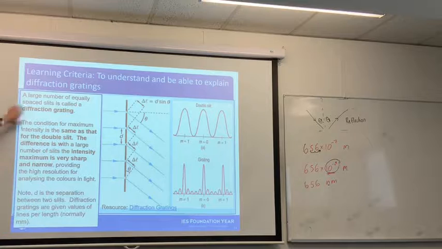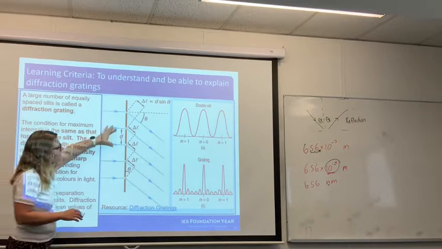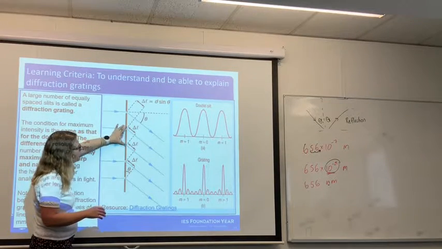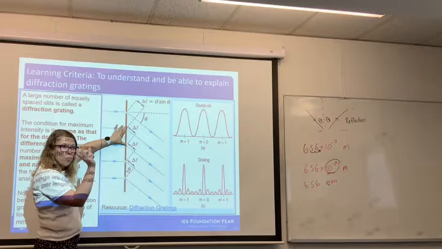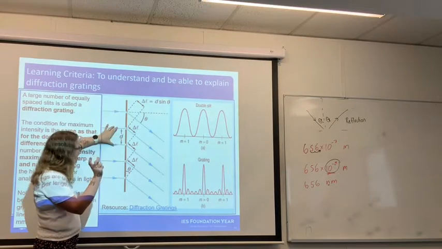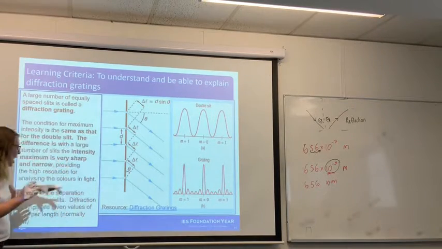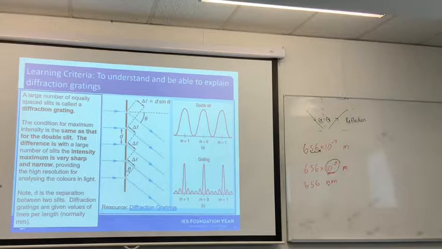Now, with diffraction gratings, the mathematics isn't any different in any way apart from the D, which is the distance between two points, like two lines, and that D has to be calculated in a specific way.